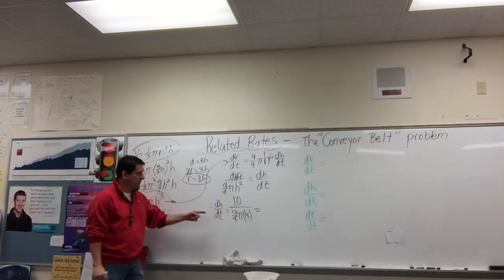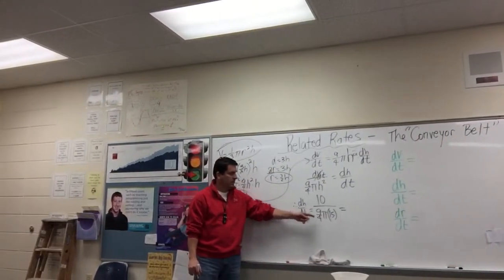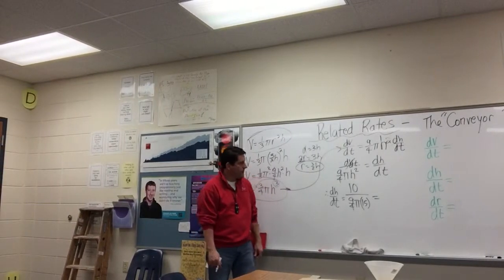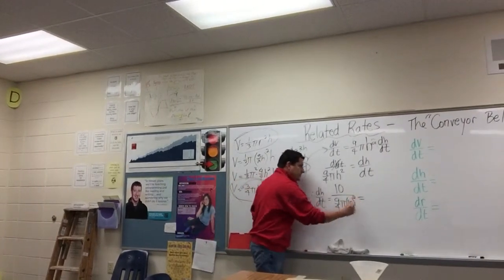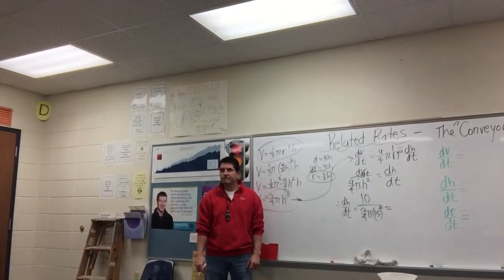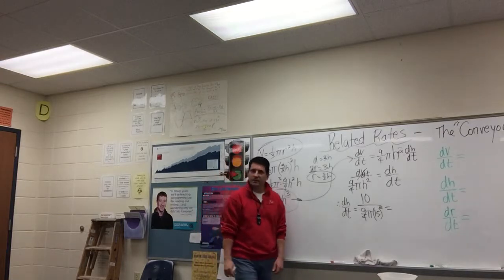Okay, so help me out. What's 10 divided by 9/4 pi times 15 squared? The same number.